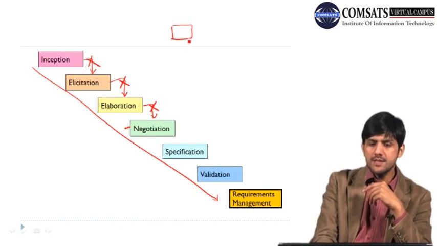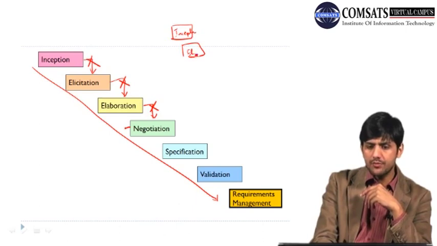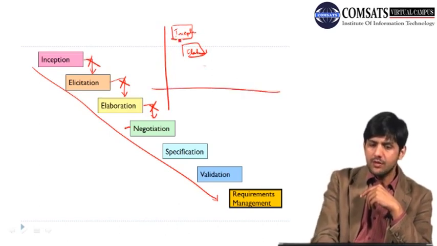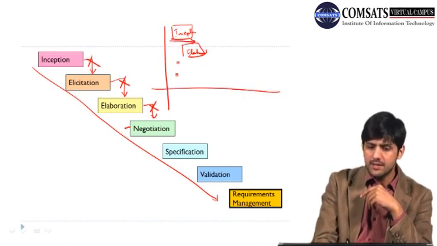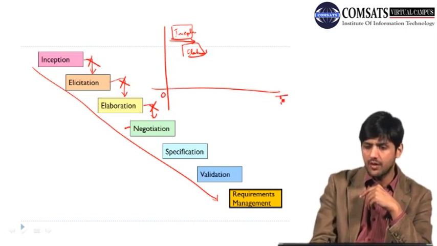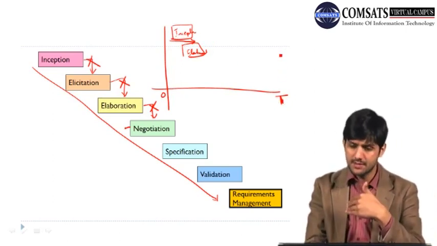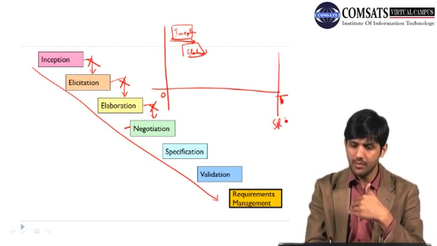A better representation is that we say this is Inception and we are doing Elaboration with it. If we try to draw it in terms of a timeline, this is maybe day 0 and this is maybe the final day of a project, or the completion time of producing this SRS document.